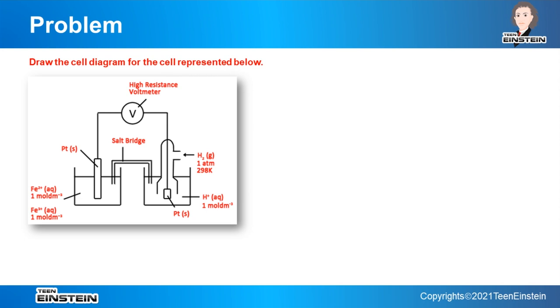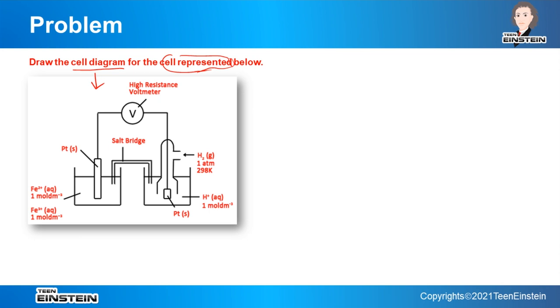Sorry, it is written in a wrong way. This is the cell diagram that is already drawn, and we have to write the cell representation. It should be written in this way: write the cell representation from the cell diagram which is drawn.